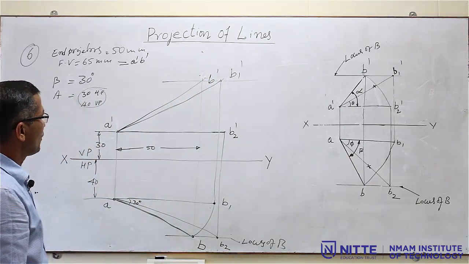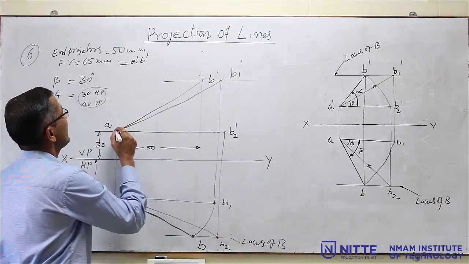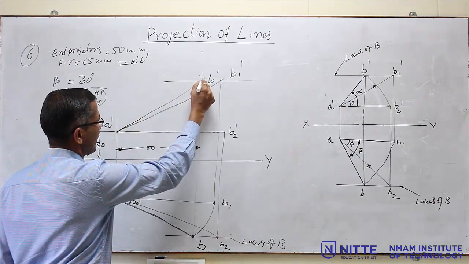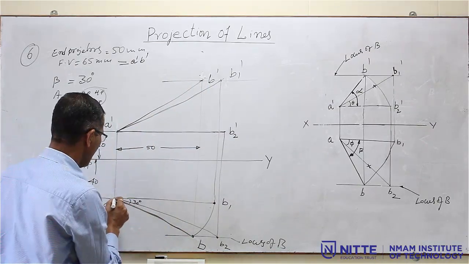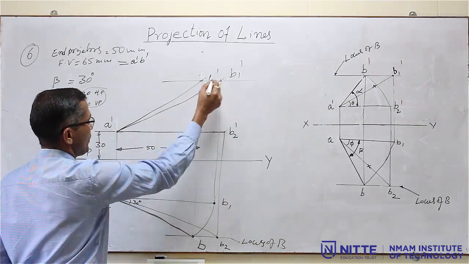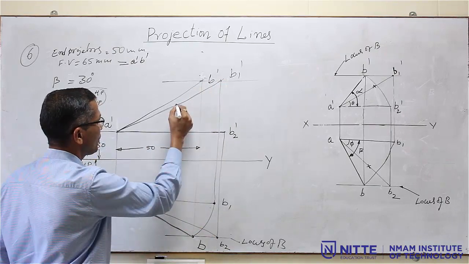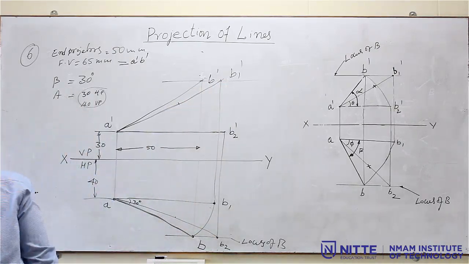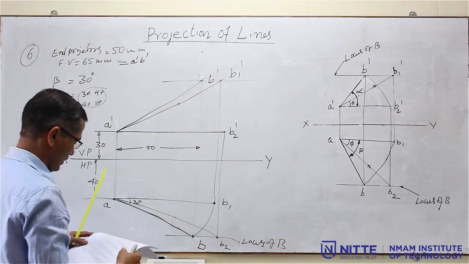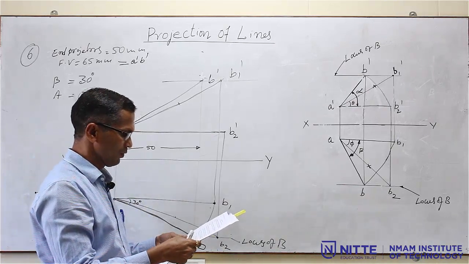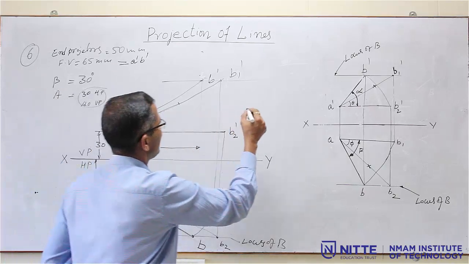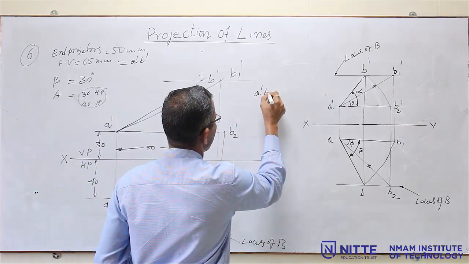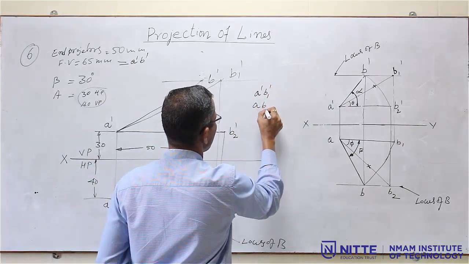Now, this is the solution. Here A dash B dash is the front view, AB is the top view, and A dash B1 dash and A B2 are the true length. Now, in the question they asked for some information. Determine the true length. True length means the length of A dash B1 dash or A B2. These two will be equal.